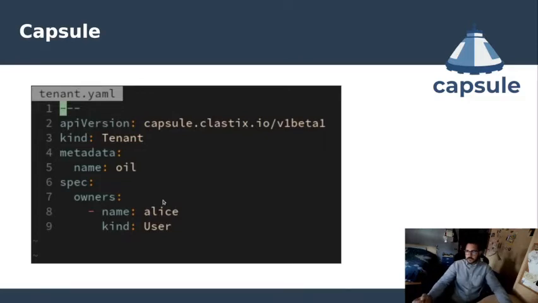As you can see in the example, we specified the tenant owners, but we can also define a namespace quota to limit the namespace creation by the users, or set a resource quota, or assign node pools, or even cordon a tenant. So the cluster admin has the power to manage all these options.